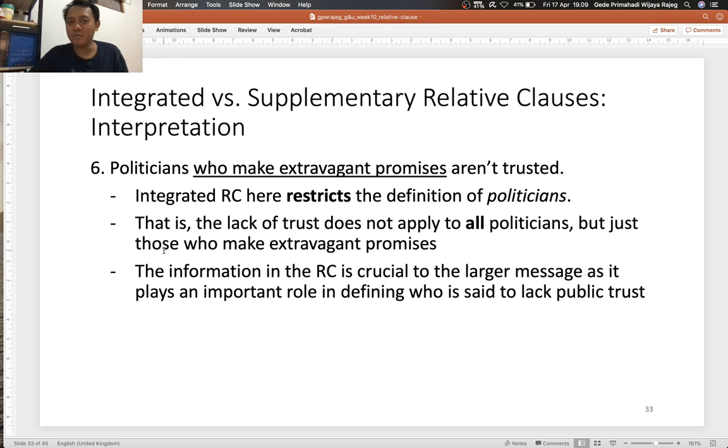The other kind of politicians may be trusted because they don't make extravagant promises. So the information in the relative clause is crucial to the larger message, as it plays an important role in defining who is said to lack public trust. Who actually lacks public trust? The politicians who make extravagant promises. Not all politicians lack trust, but only those who make extravagant promises.